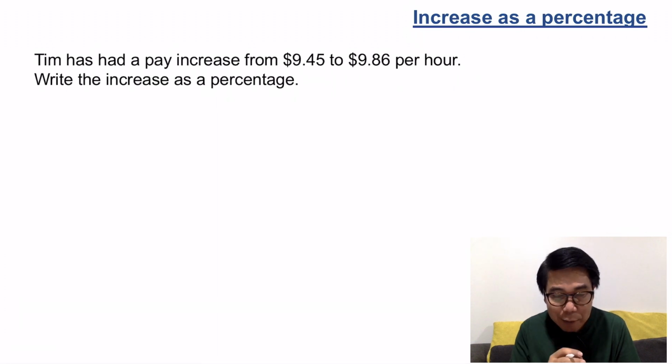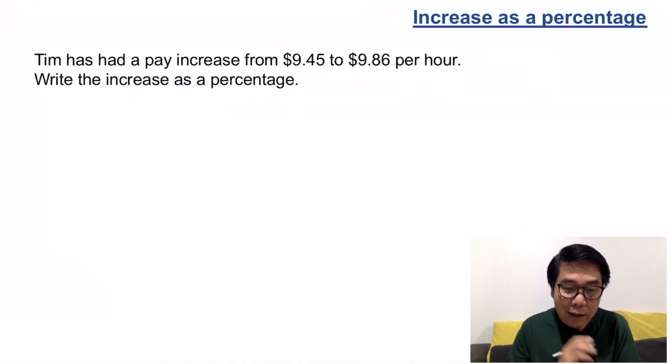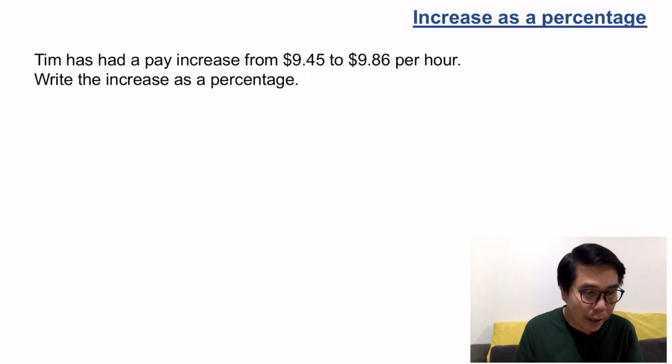So originally he received $9.45 per hour, and this time it increased to $9.86 per hour. The question says write the increase as a percentage. So in this case, we have to find the increase as a percentage.